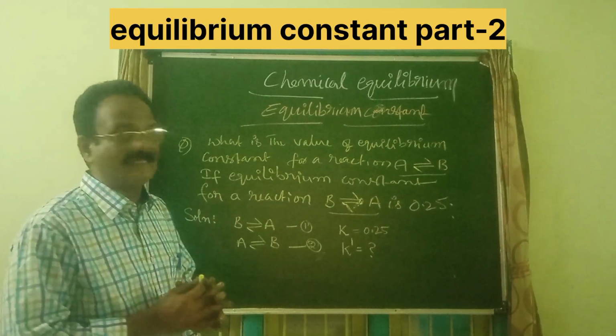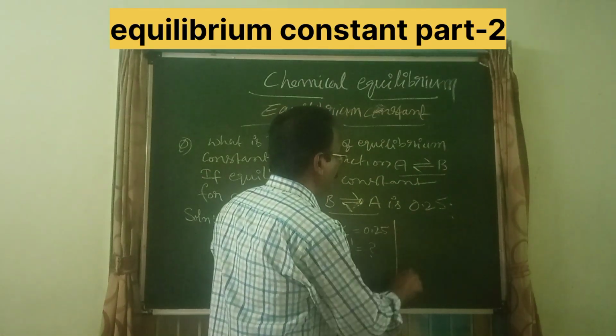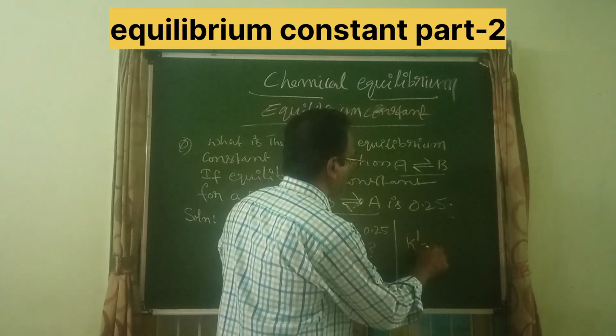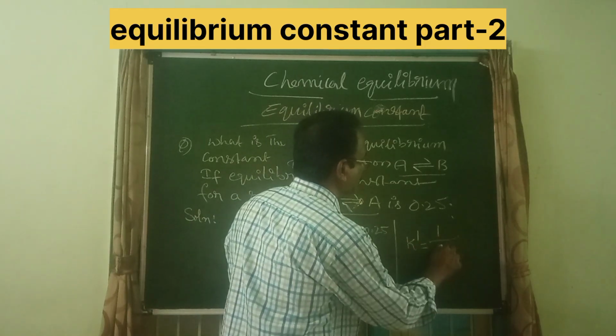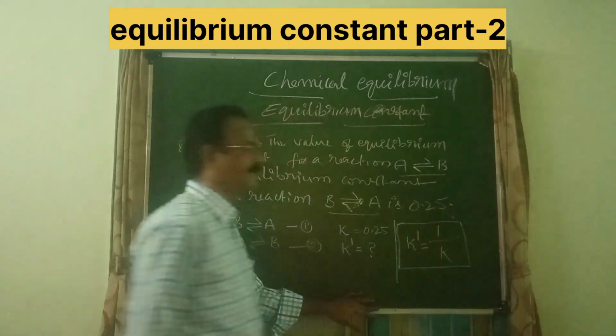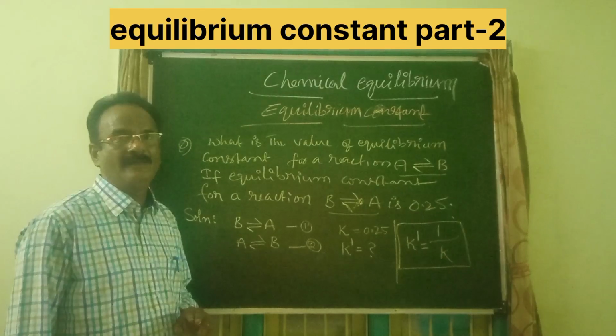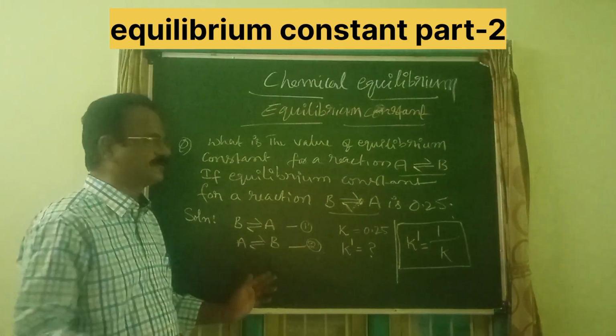For such cases, the new equilibrium constant K dash becomes K dash is equal to 1 by K. So this is the concept we have to know. Is it clear? Now let us substitute the values.